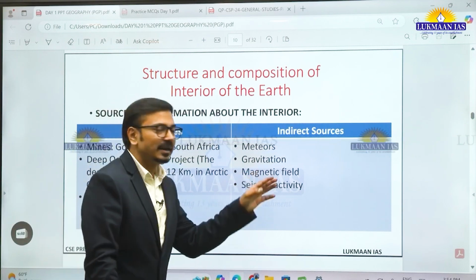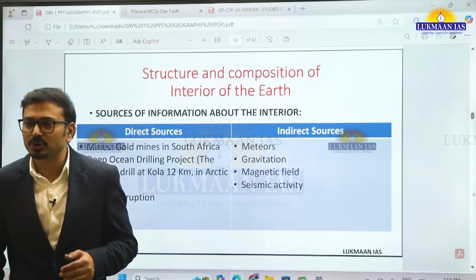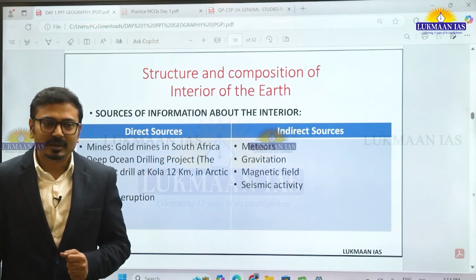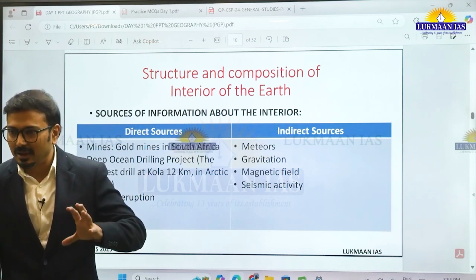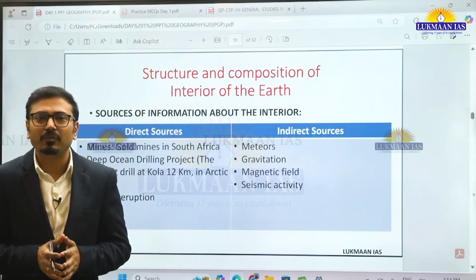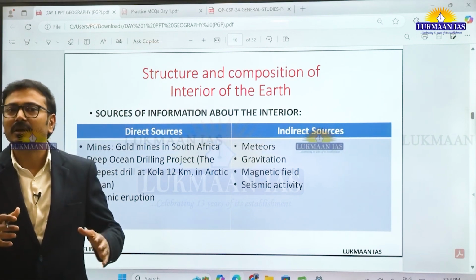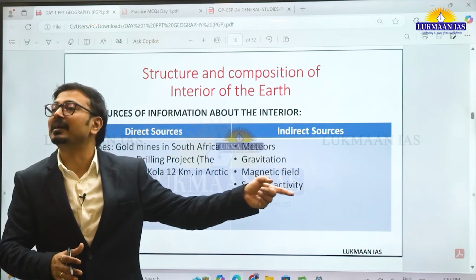Then magnetic anomalies. From that also we have understood the distribution of magnetic material inside the earth. In geological past, the magnetic poles of the earth have changed their positions, and accordingly whatever new rocks were formed, that material got aligned to the existing magnetic field of that time.